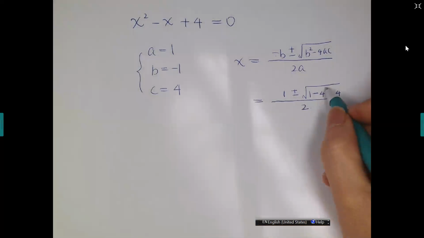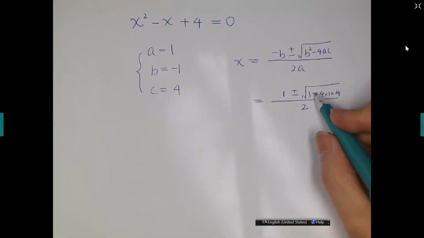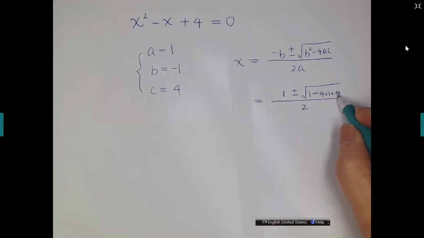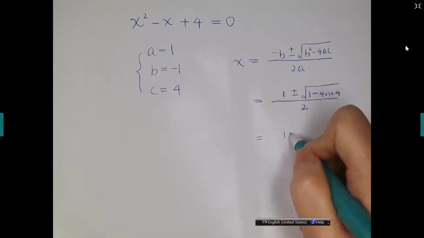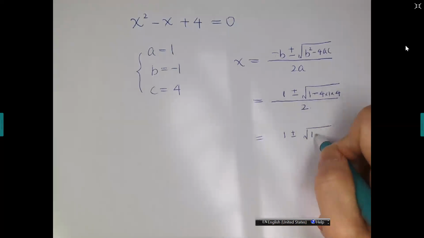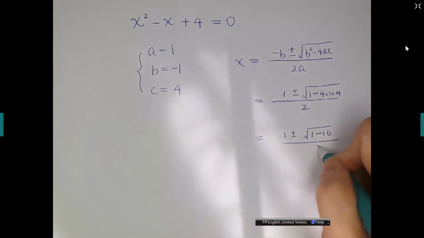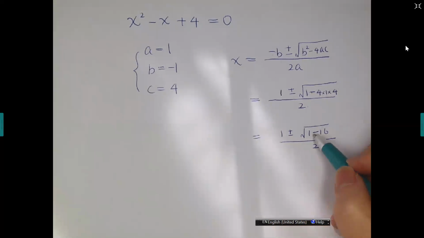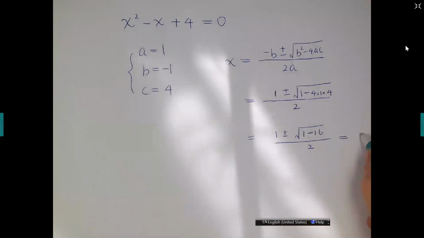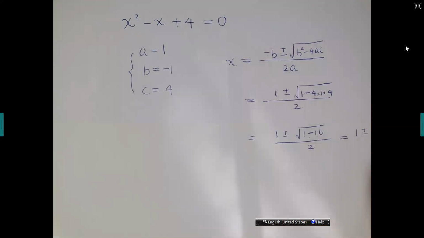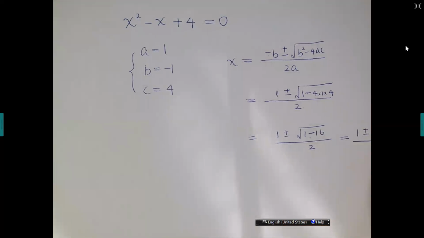When we look at the inside of the radical expression, we got 1 minus 4 times 1 times 4, so 1 plus or minus square root of 1 minus 16, over 2. What is 1 minus 16? That's -15. So we'll end up with 1 plus or minus square root of -15 over 2.